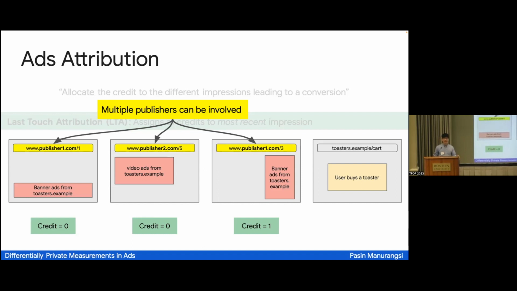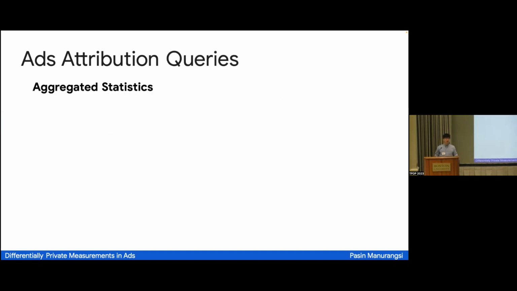Okay, so that's a very quick introduction to ad attribution. Now, what would we like to know from this ad attribution? Again, we would like to make some aggregated queries on these attribution logics. Some of the important queries are conversion rate.